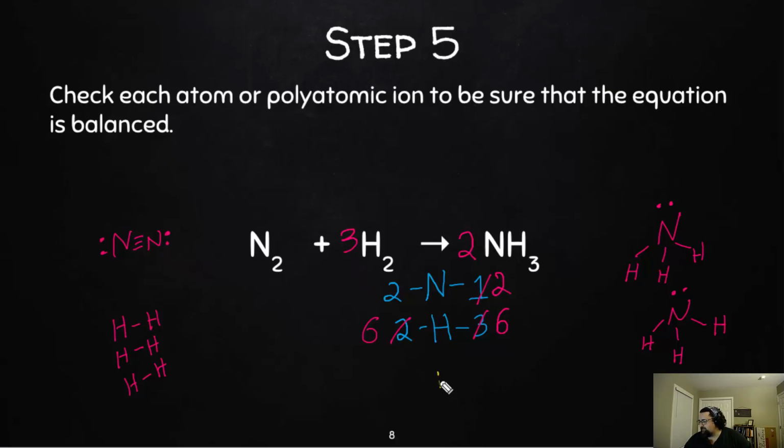Okay, well, let's do a quick count. I have on the left 1 times 2, 2 nitrogens. On the right, 2 times 1, 2 nitrogens. Hydrogens: 3 times 2, I have 6 on the left. 2 times 3, I have 6 on the right. Do they balance? Yes, they do.